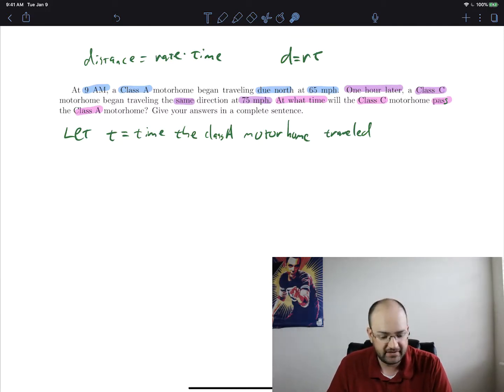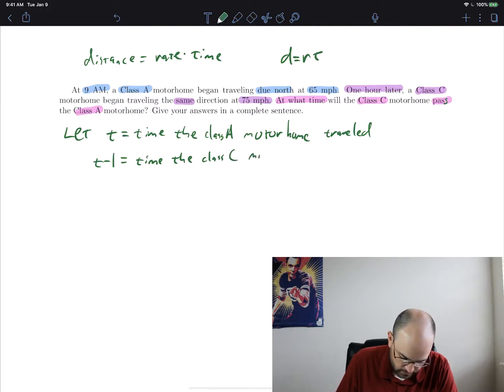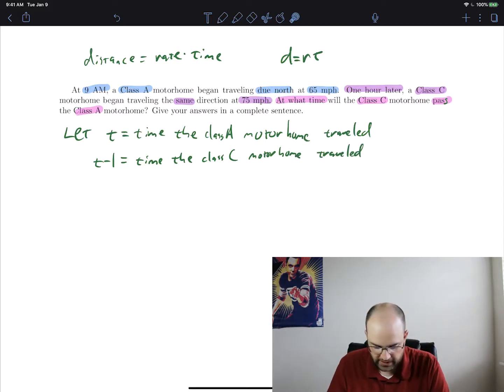Now, notice that if that's the case, then t minus 1 is the time the Class C motorhome traveled. The reason why is because the Class C began 1 hour later, which means it traveled a smaller amount of time than the Class A motorhome traveled. Okay, so that 1 hour difference is t minus 1.